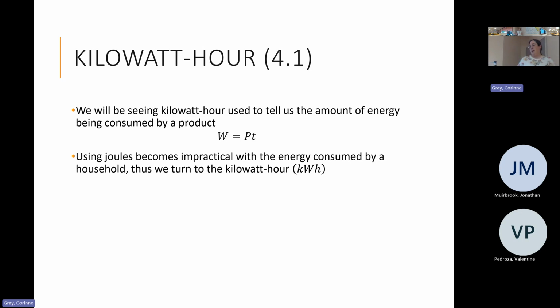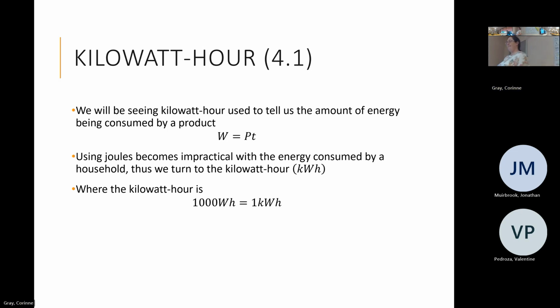So the kilowatt hour is a fantastic way to take that number and make it mean something to us. So for the kilowatt hour, it's 1,000 watt hours. The technical abbreviation is K for kilo, capital W for watt, lowercase h for hour.